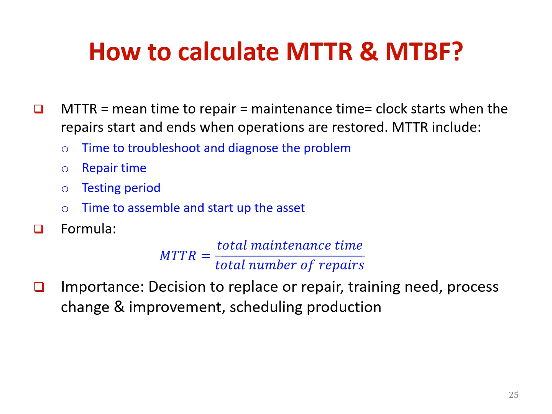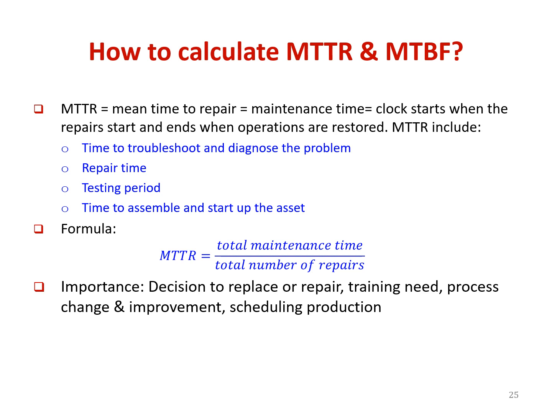The formula for MTTR is the total maintenance time divided by the total number of repairs. So you have to calculate the total duration of maintenance time for a certain period that you want to evaluate, and divide by how many repairs happened, the frequency of the repairs.